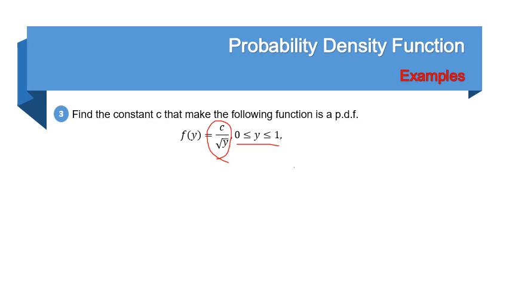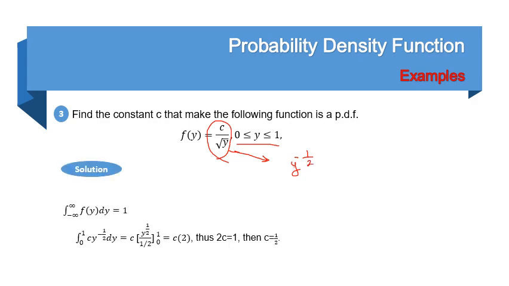We can put the root of y in the numerator as y to the power negative half, because the root is y power half, and if we move it up, it's y power negative half. Then we can do our integration very easily as we did before.